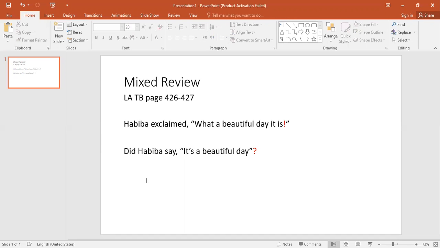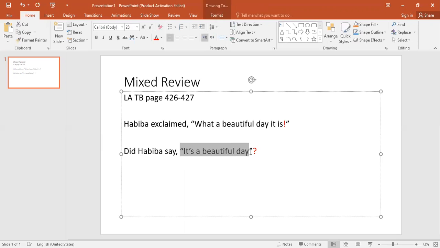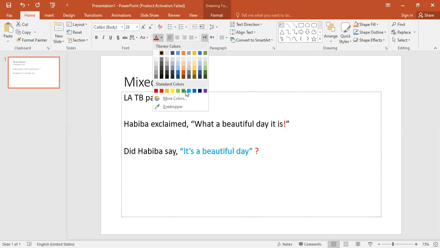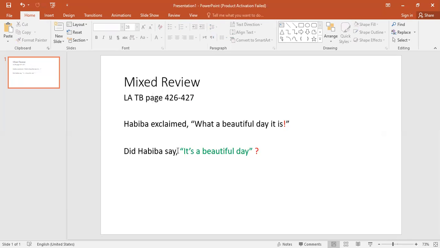Because only this is what Habiba said. So only the green is what Habiba said. I cannot select only this, one second, I'm confusing you more like this. So here, did Habiba say "it's a beautiful day"?